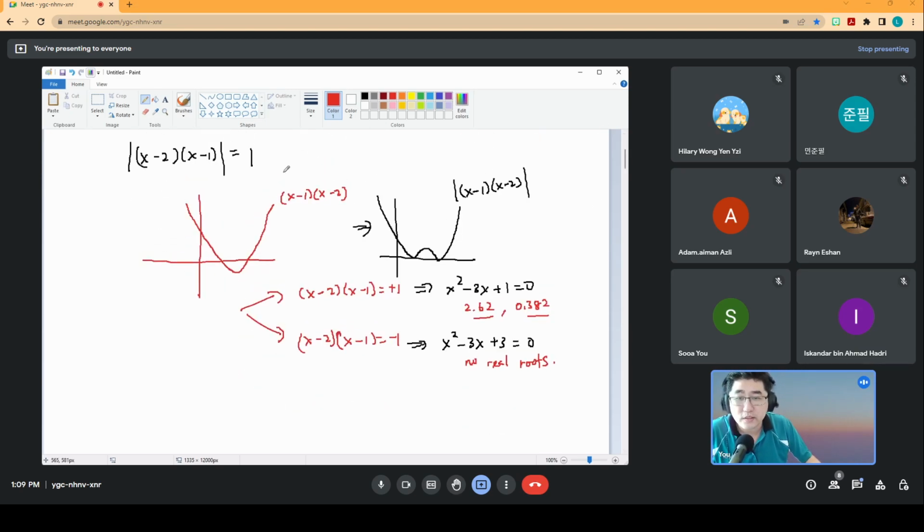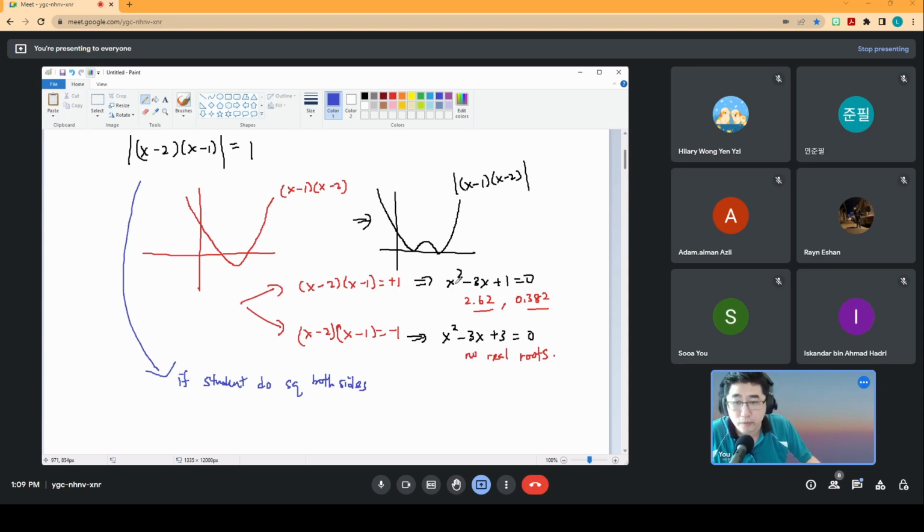If students do it by using square both sides, you will realize that you have x minus 2, x minus 1, then the entire thing squared equals to 1 squared.